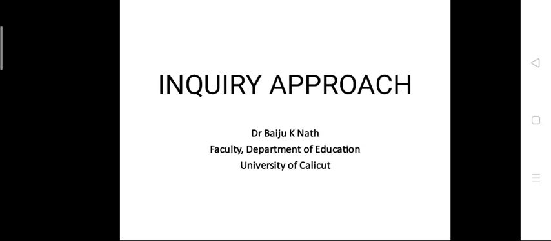And there was a teaching model developed by Joseph Schwab for scientific inquiry. So the center of this approach, of course, is inquiry, and specifically inquiry by learners.